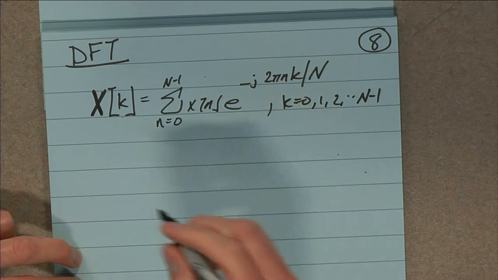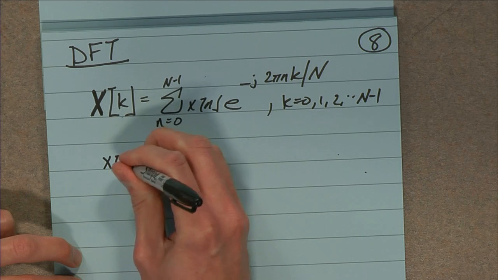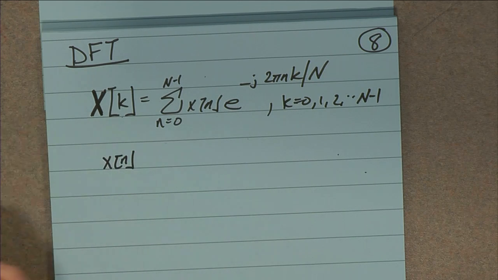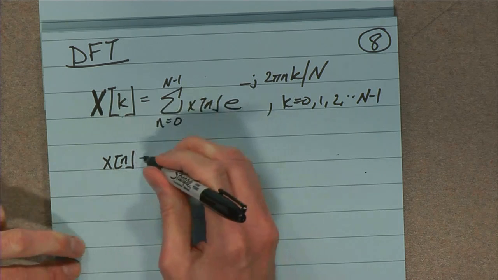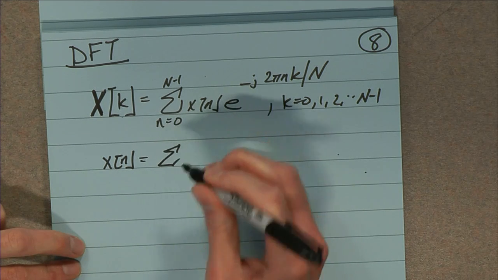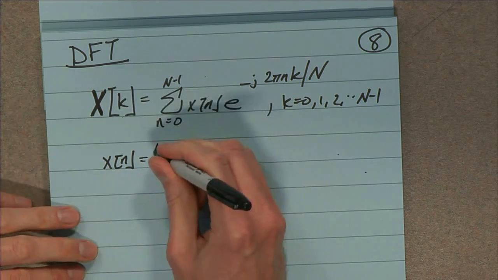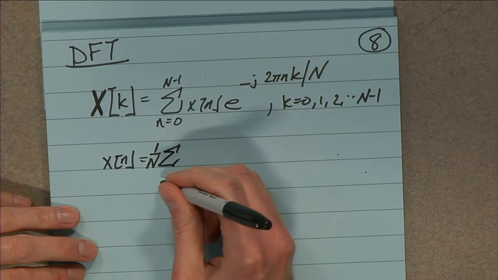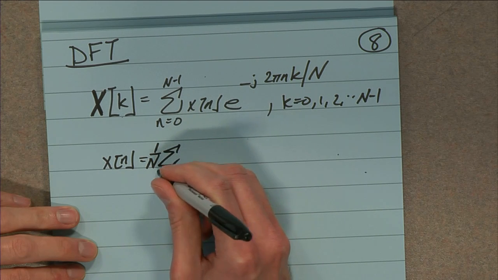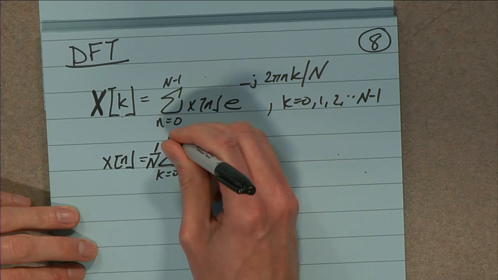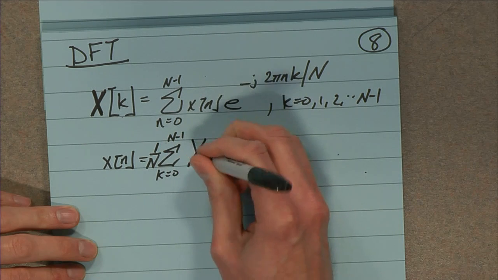Of course, we can also go backwards. I'm going to try to make my x larger when it's frequency, but I won't claim that I'm always able to do that. So we'll go k equals 0 to N minus 1.